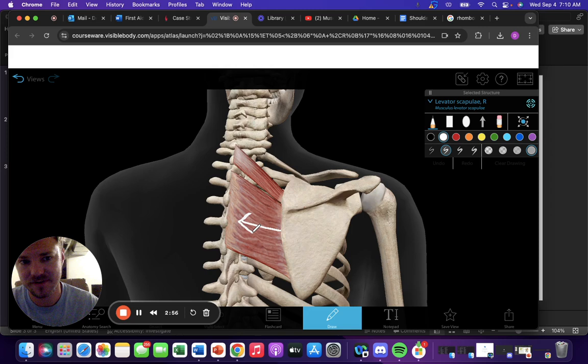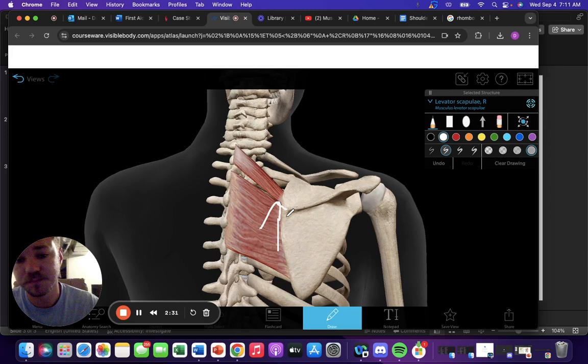So that's the first one. Next one is scapular elevation. As we can see, the rhomboids go up a little bit, so that's going to pull this scapula up. It's going to elevate that scapula there.